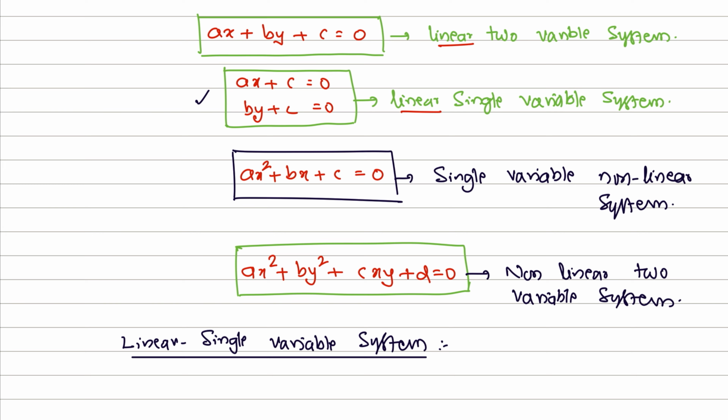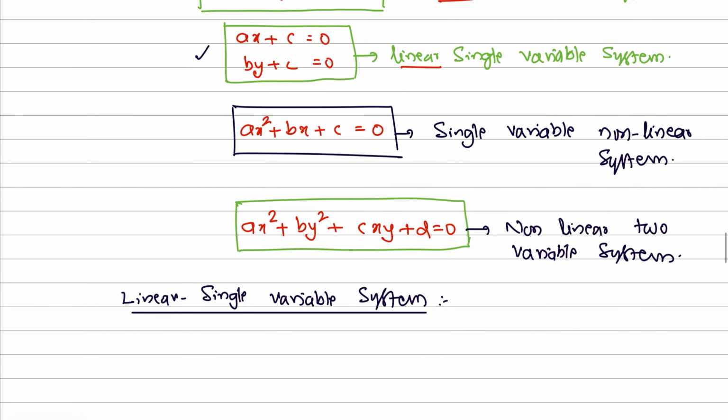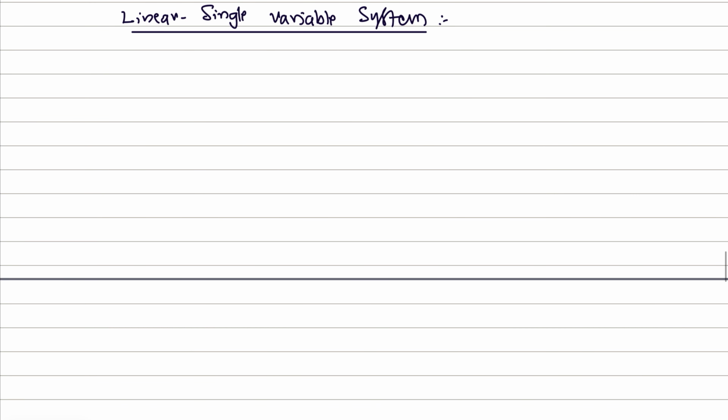You will purchase some item and you may try to purchase another item of similar quality, so that you get the bonus that if two items are purchased, one is given free. That type of system is defined in the linear single variable system. It's not that these are not defined in other systems, even the double variable linear system, but we will go for the simplest, the single variable linear system, and try to solve some examples.